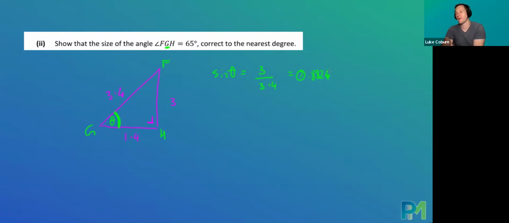So generally, as I said, I just carry 4 decimal places because they never ask for more than 4 decimal places. And if we rounded earlier and we said, oh, this was 0.88, and then they said, now give us your answer to 4 decimal places, then we actually lost marks. Okay, and that means that theta, to work out the angle, is sine inverse of 0.8824.